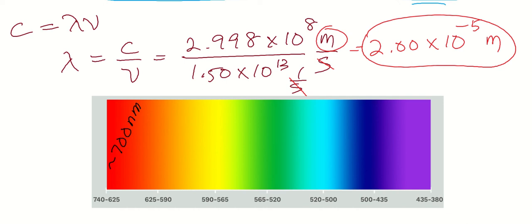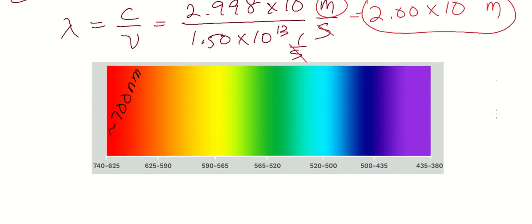If you want, you can convert this to nanometers, or you can convert nanometers into meters. Either way, we'll have to compare apples to apples because our answer is in terms of meters. So the answer we had was 2.00 times 10 to the negative 5 meters.